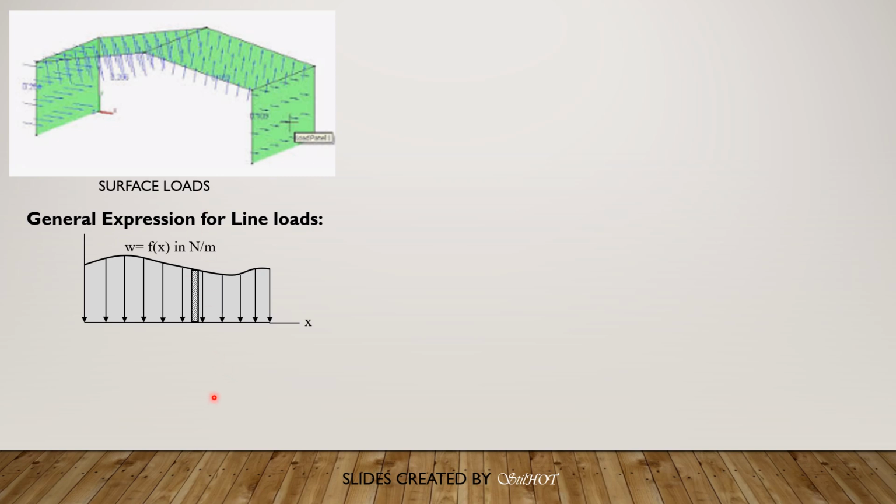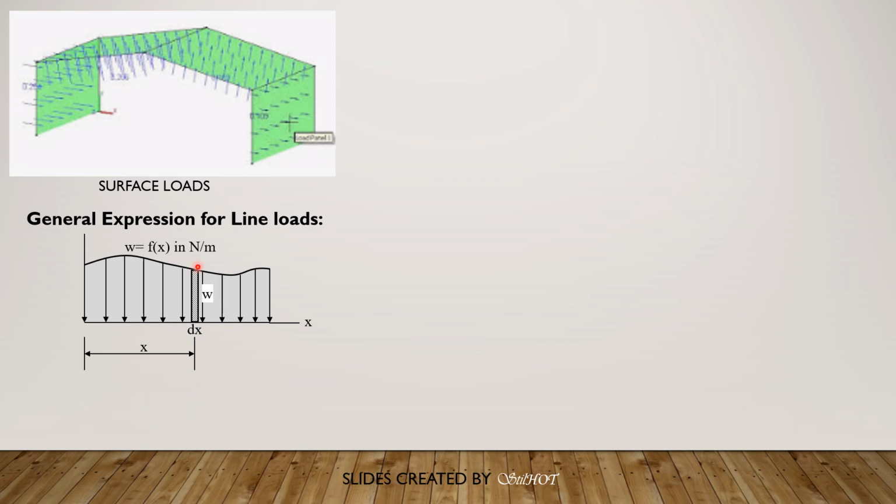Let's consider a strip whose height is equal to w and the thickness is dx. The centroid of this differential strip is located at distance x from the left end.